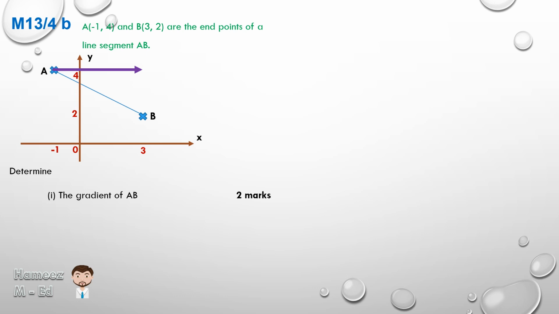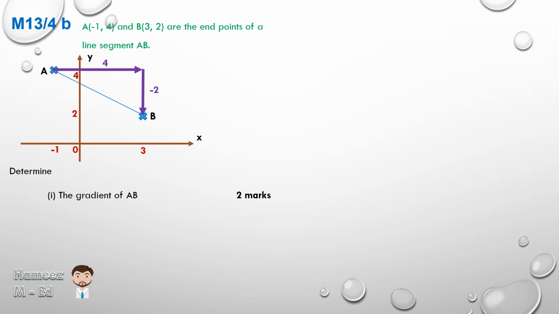Starting at A and moving horizontally to the right along that purple line, we move from -1 to 3. That means we're moving 4 to the right, so the change in our x values is plus 4. Then we go vertically downwards, so the change in the y values from 4 to 2 is minus 2.